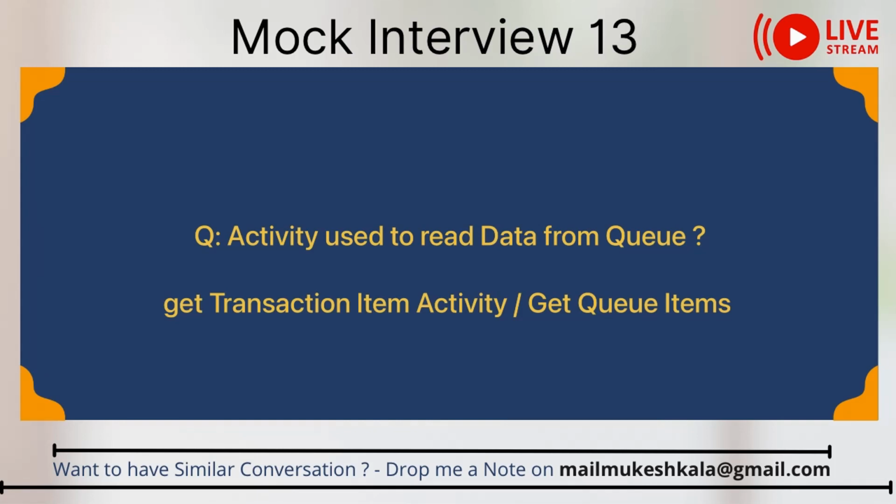For reading from the orchestrator queues. Because you have a project about healthcare, and you have mentioned that this complete automation is built with RE framework, on Citrix automation, right? So which activity am I using to read the data from the queues?